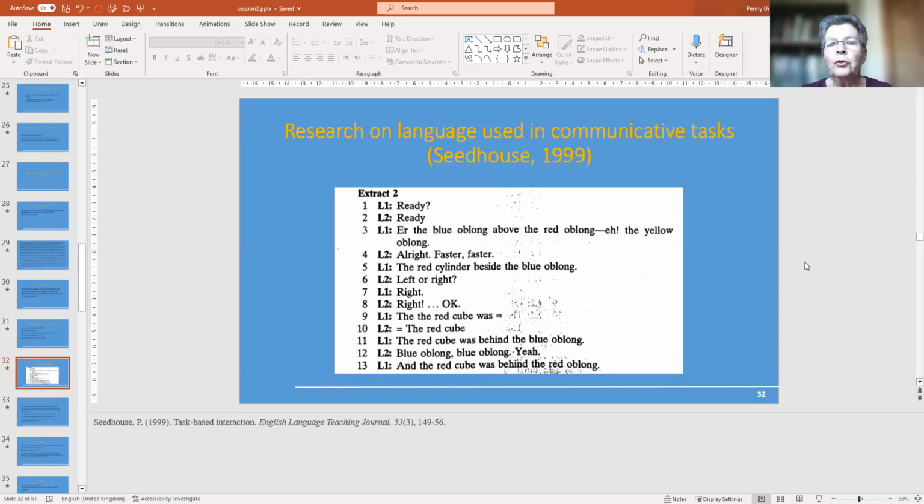And what it shows is that the language used is very often very minimal and difficult to see how the students are in fact moving forward and learning new language when they are actually getting their ideas across in the minimum possible. You do just lexical items with very, very little.